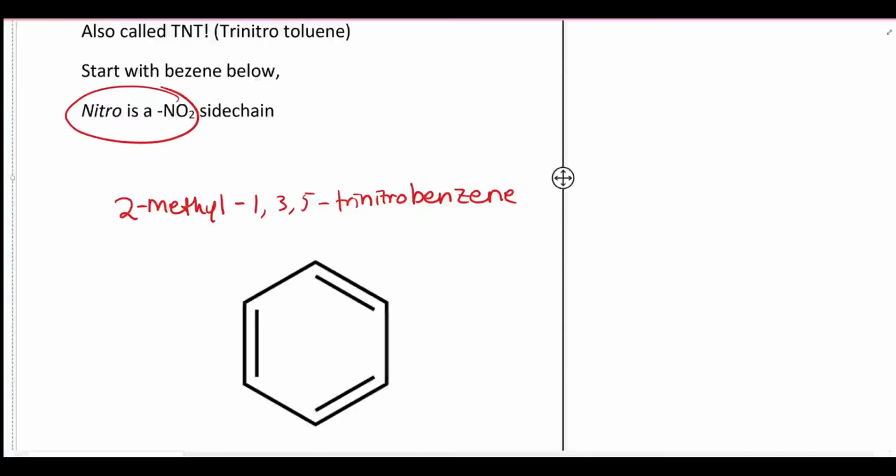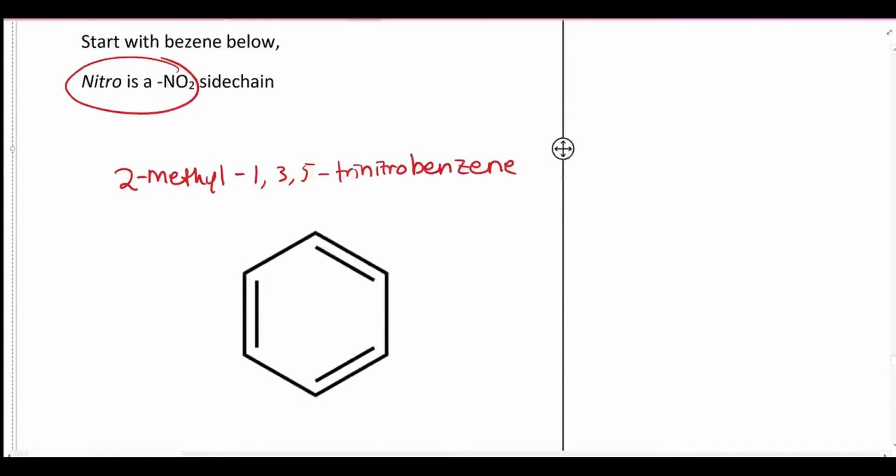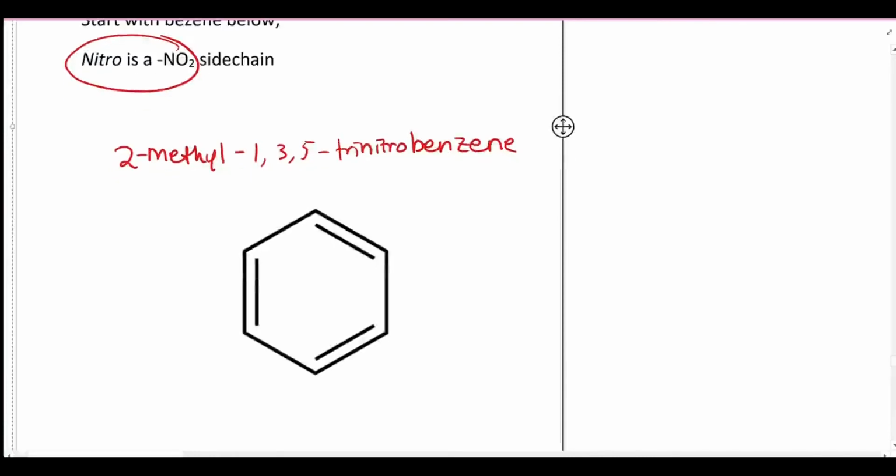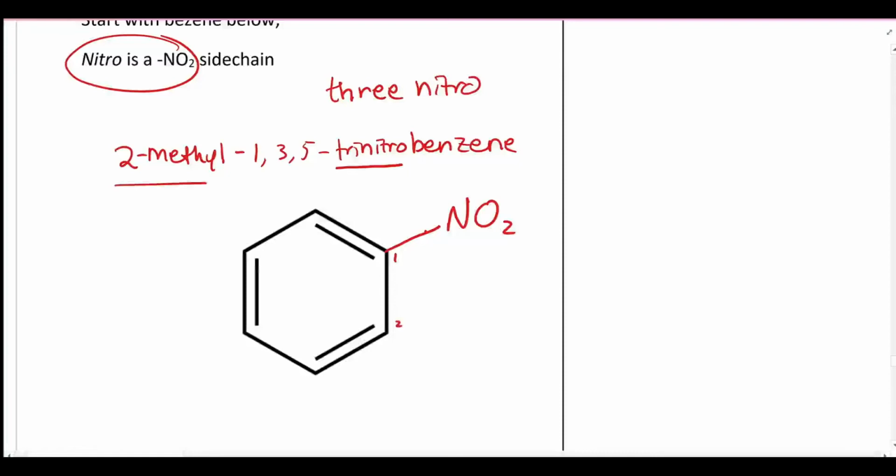So it's 2-methyl-1,3,5-trinitrobenzene. And because benzene is a cyclic molecule, so this is an aromatic, it doesn't really matter where we start number 1 because they're circular. So I'm just going to start number 1 for my convenience right here. In position number 1, I have trinitro, so I have 3 nitro functional groups. So this is going to be an NO2. So number 1. And in number 2, I have a methyl.